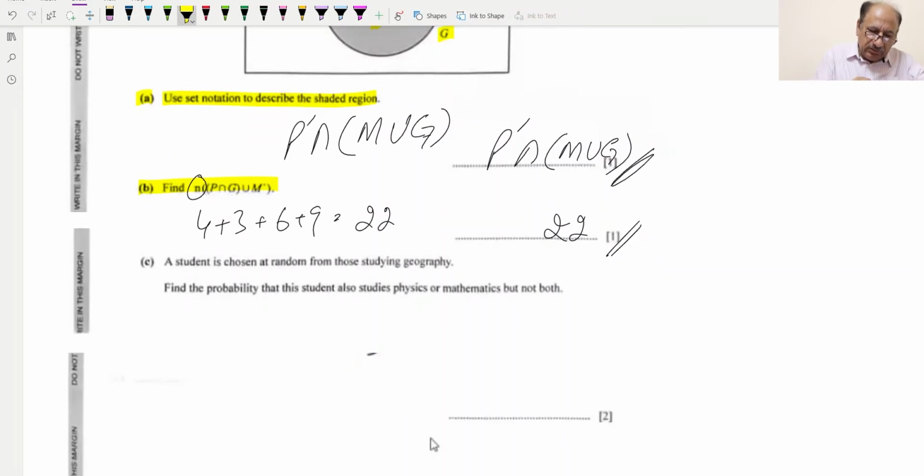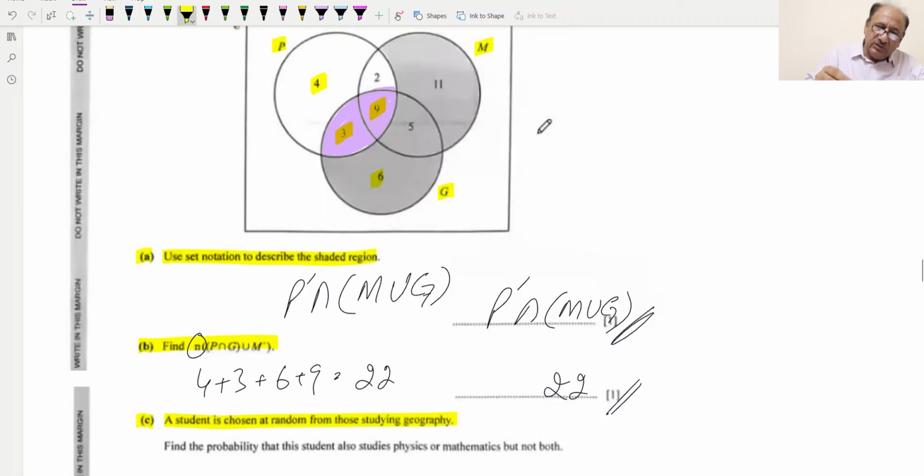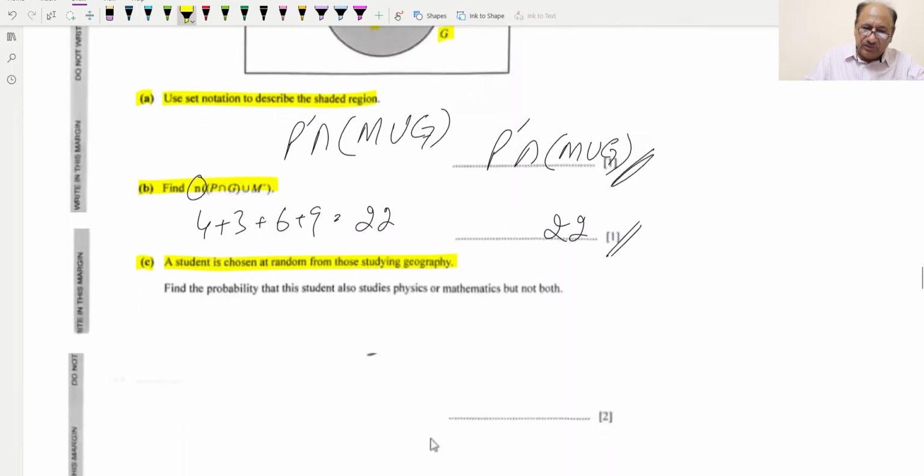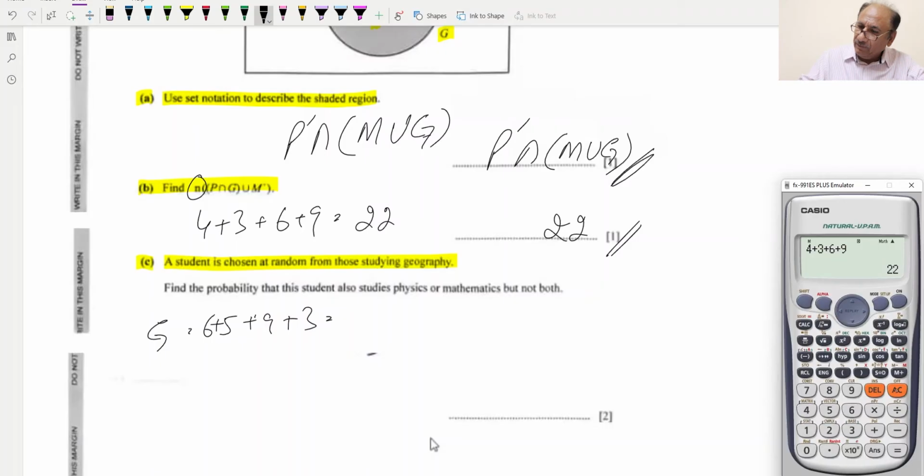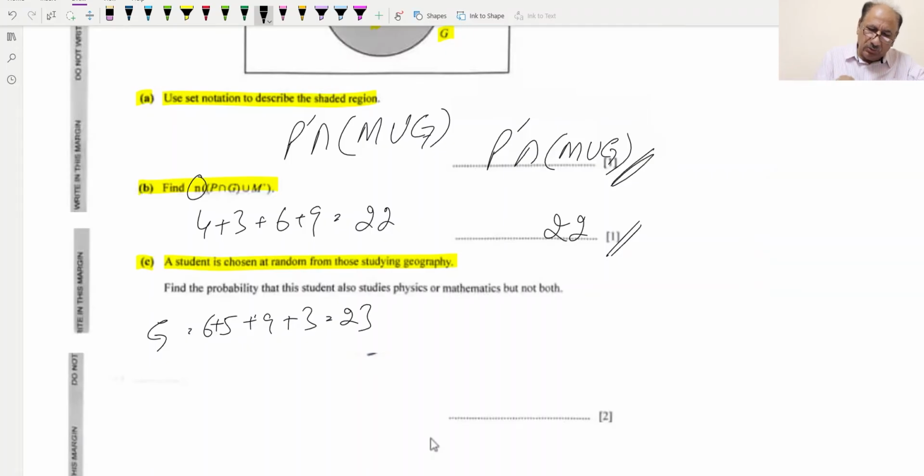Now they are saying E part, a student is chosen at random from those studying geography, and the geography section is 6, 5, 9, 3. So 6593 means what? Geography will be 6 plus 5 plus 9 plus 3, and this is equal to 23. So out of 23, a student is chosen at random from those studying geography.